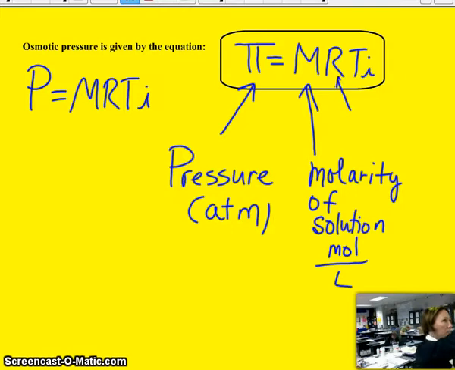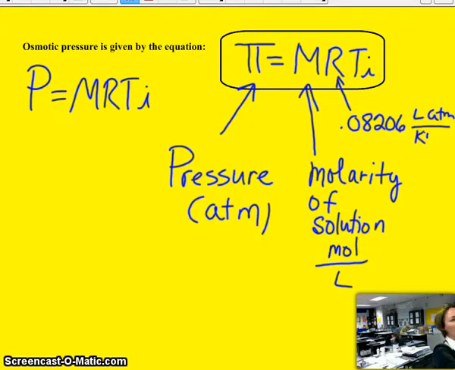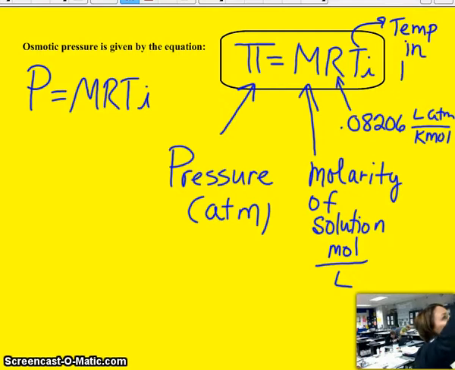R is a constant that you'll be using. It's 0.08206 liter atmospheres per K mole. Okay? So that is a constant. It will always be that value. T is your temperature in Kelvin. And of course, i is your van 't Hoff factor. It's the number of particles that your solute dissociates into.